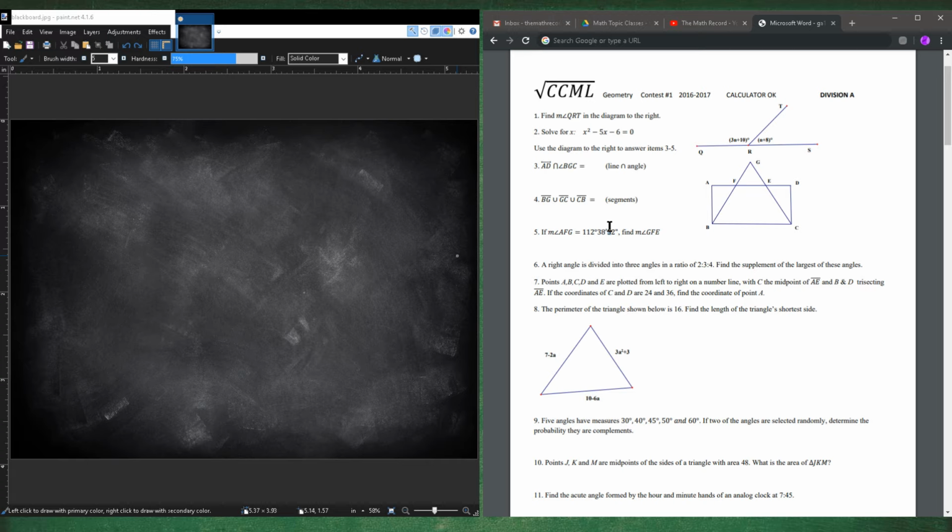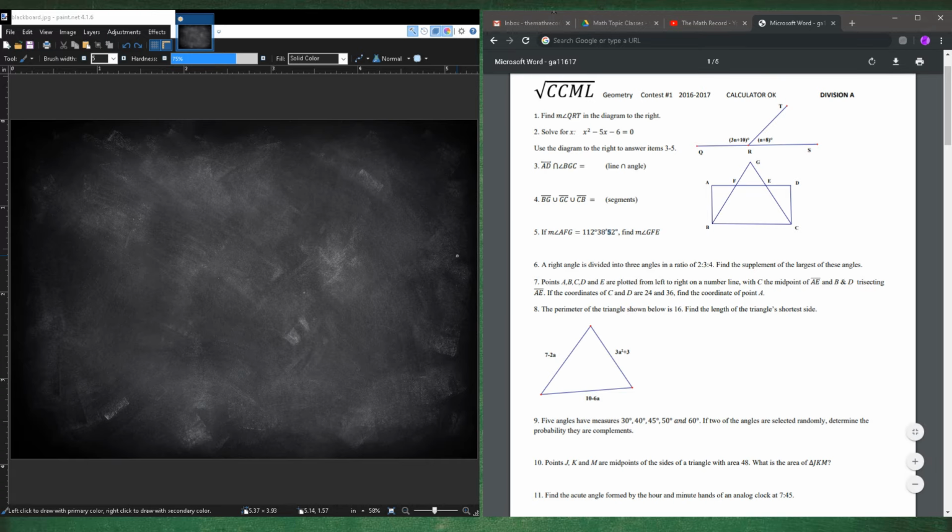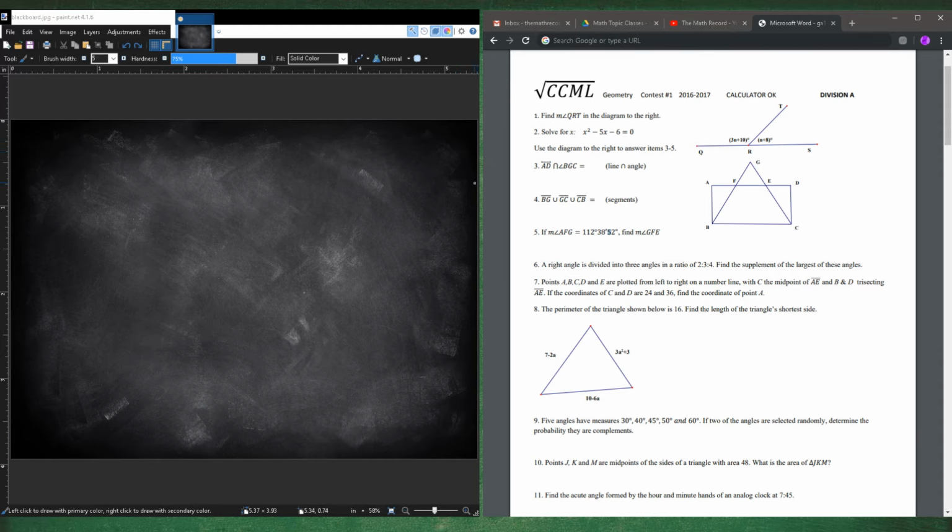Sorry about that. Use the diagram to the right here to answer items 3 to 5. If line AD is given, what is the union of line AD and angle BGC?